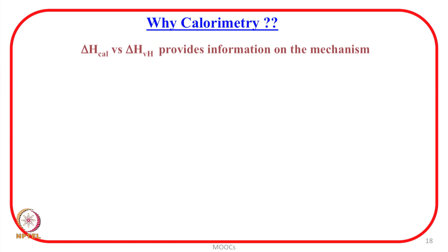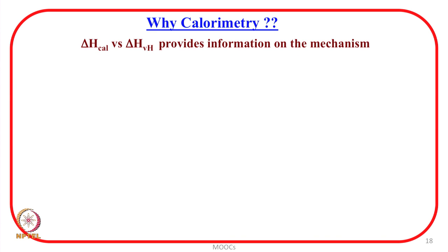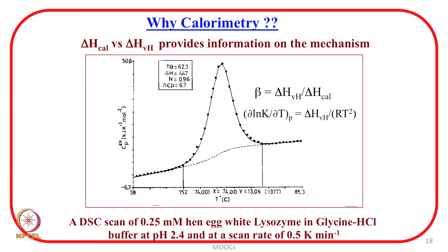So, the question is, why calorimetry? Calorimetric enthalpy and Van 't Hoff enthalpy provide information on the mechanism of folding unfolding transitions. From the differential scanning calorimetric curve, we can get calorimetric enthalpy, we can get Van 't Hoff enthalpy, and the ratio of the two provides information on the mechanism of the unfolding process.